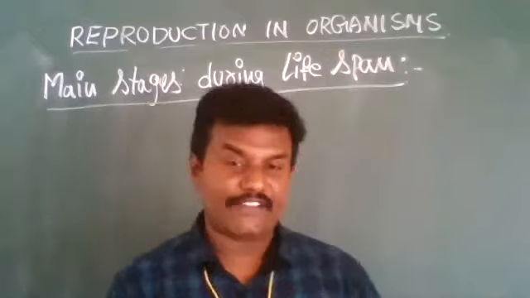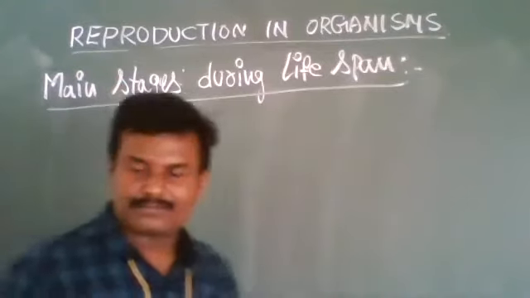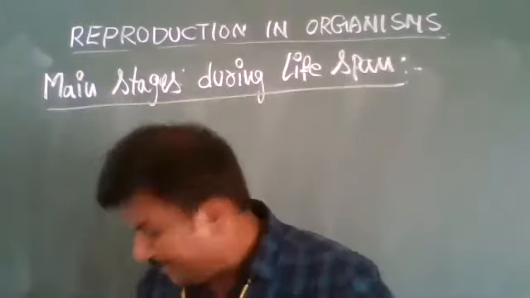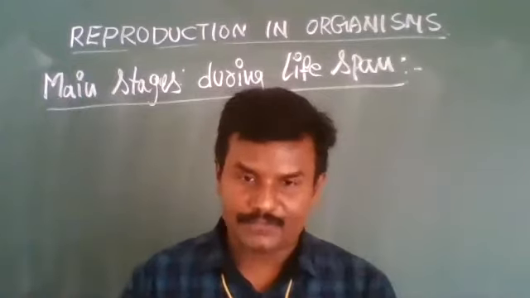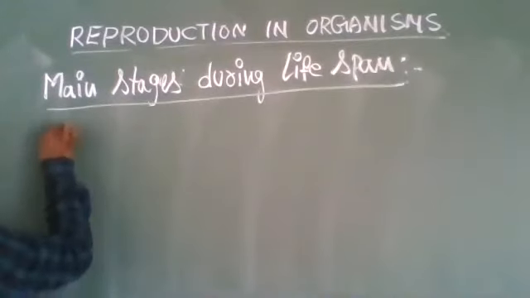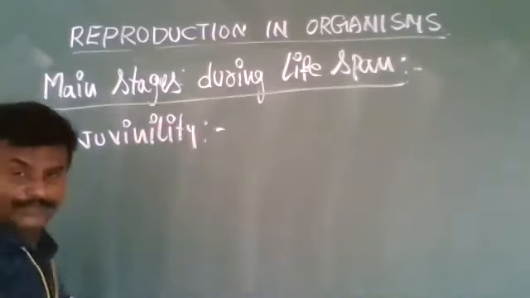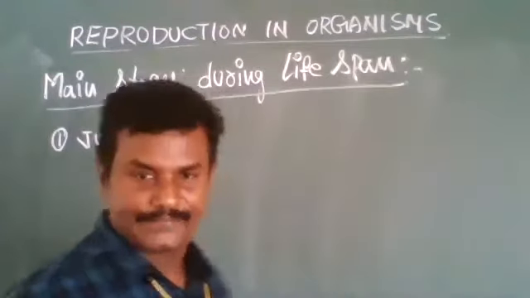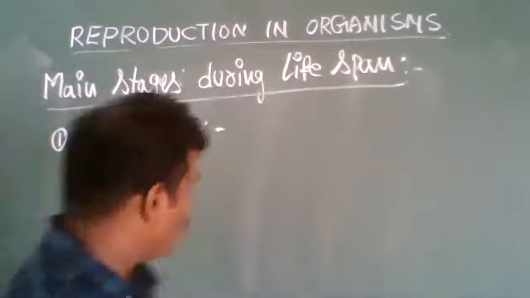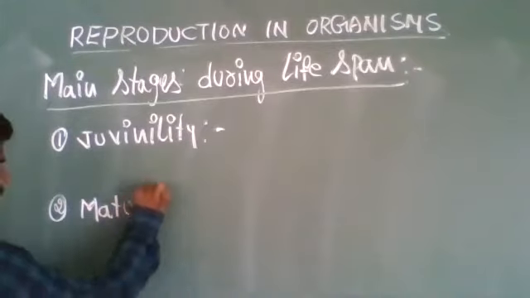Main stages during the life cycle, lifespan. Now I will talk about the main stages during our lifespan. From birth to natural death, there are some stages. Let us see them now. First one is juvenility, the childhood stage. Second one is maturity.